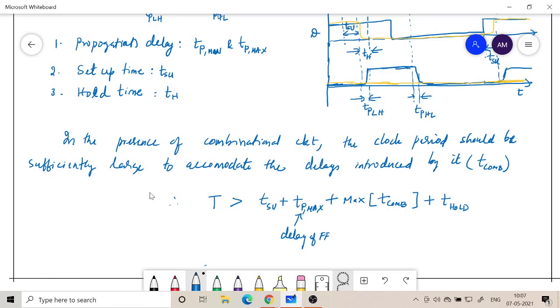But suppose this combinational circuit is acting very fast and its input is changed very quickly, then to avoid any risk, we can add the hold time also to be on the safe side. So this hold time addition depends upon the combinational circuit delay. Therefore we can write it in a slightly different way. We can take the maximum of these two.